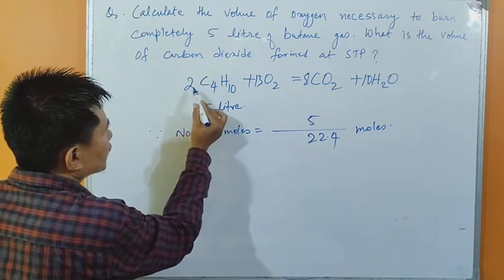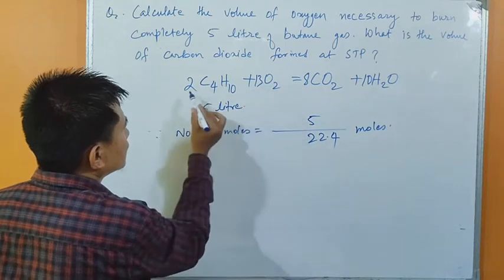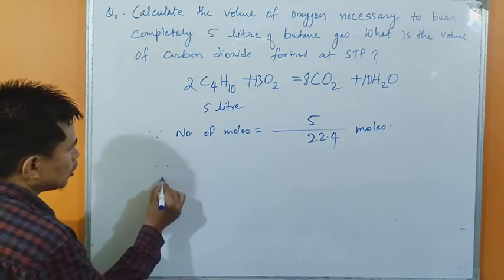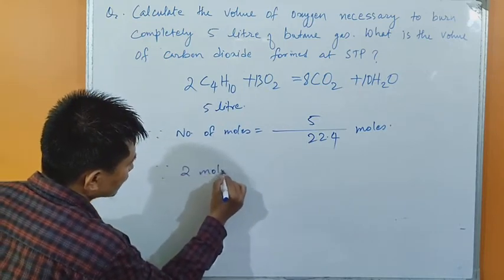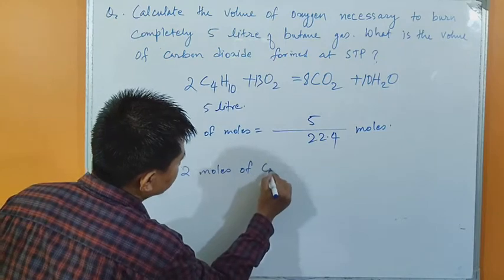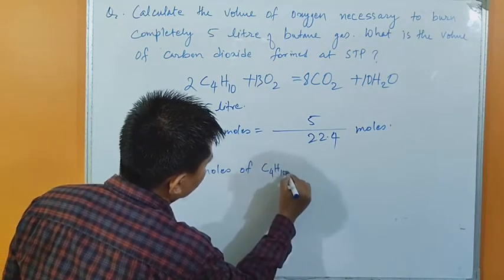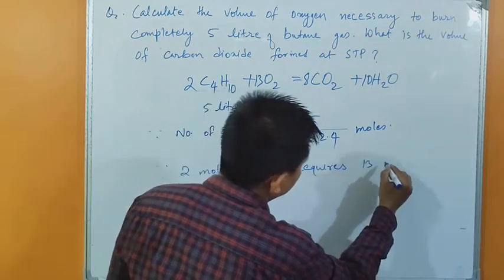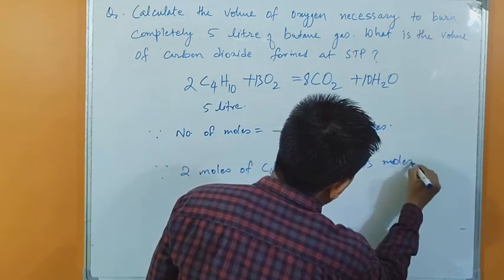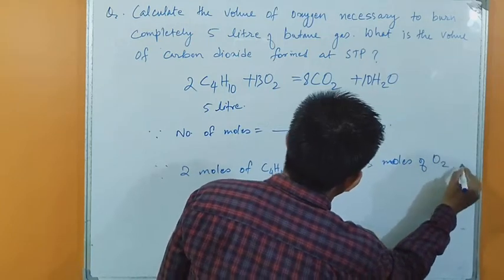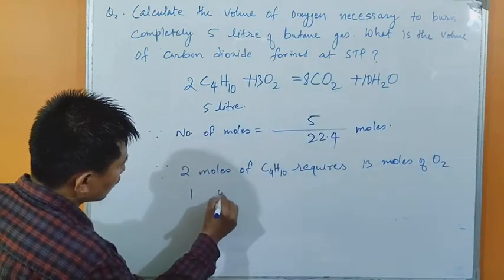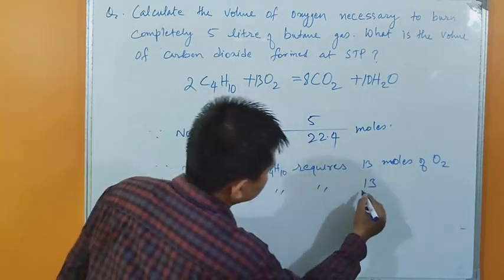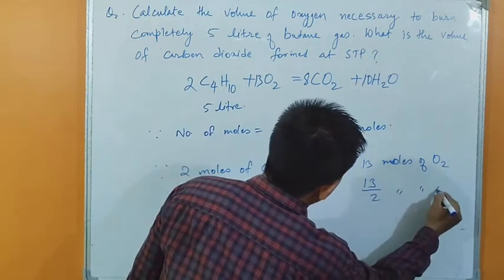Since 2 moles of butane require 13 moles of oxygen, 1 mole of butane requires 13 upon 2 moles of oxygen.